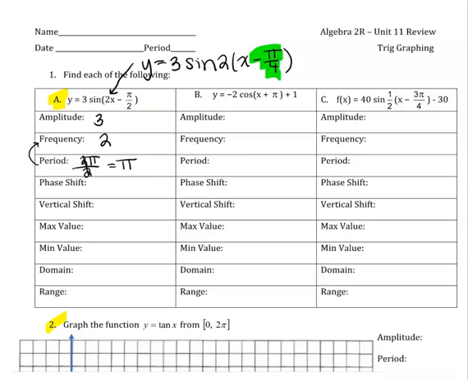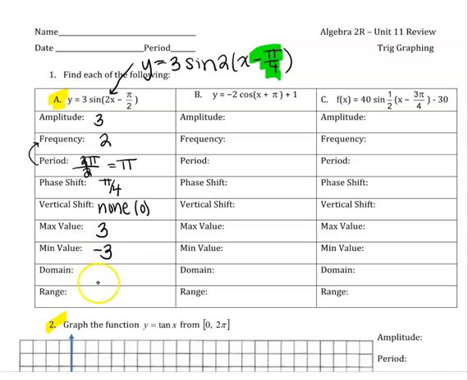Now your phase shift is going to come from this right here. Notice how it's a minus pi over 4. That means in my chart I'm going to write it as a positive pi over 4, which means you are shifting to the right because that's a positive shift. I have no vertical shift, so there's no up or down there, so none or 0 is sufficient there, which means my maximum value is 0 plus the amplitude of 3, so 3, or 0 minus the amplitude, so -3.